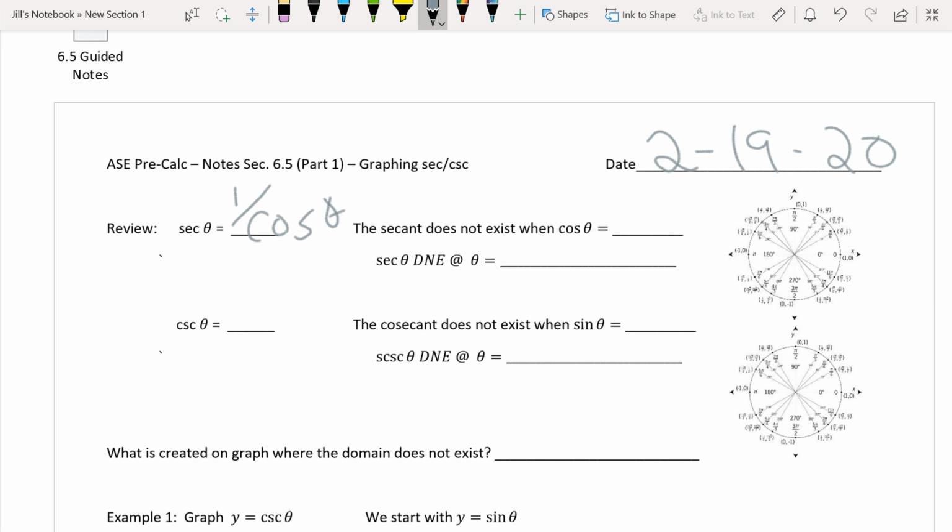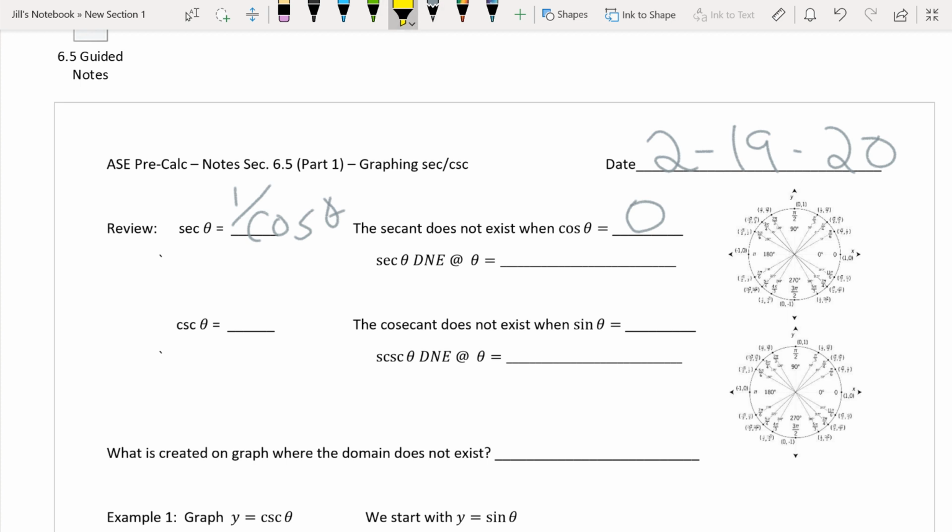Now, sometimes the secant doesn't exist, and we found that out through doing our triangles and looking at all of our SOHCAHTOA. Since the secant is the reciprocal of the cosine, it's not going to exist where the cosine is equal to 0 because you can't reciprocate 0. So where is cosine equal to 0?